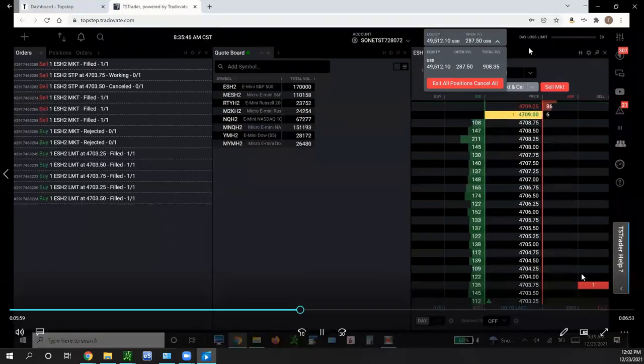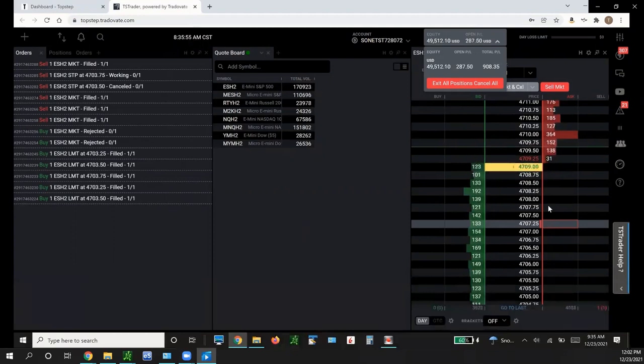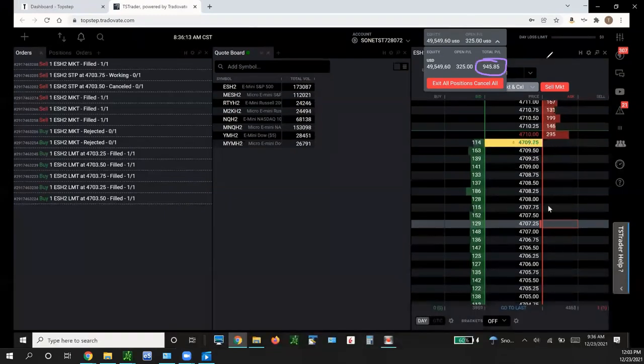And again, I have my stop order above the cost basis on that contract, so that I don't lose any money on the day. That was an order on another account. But I left this open so you could see the total profit and loss as we're watching the market here.